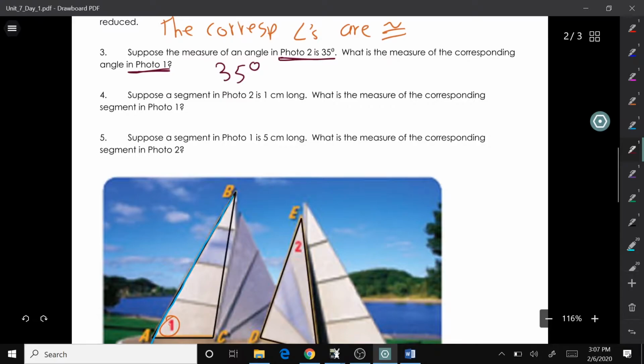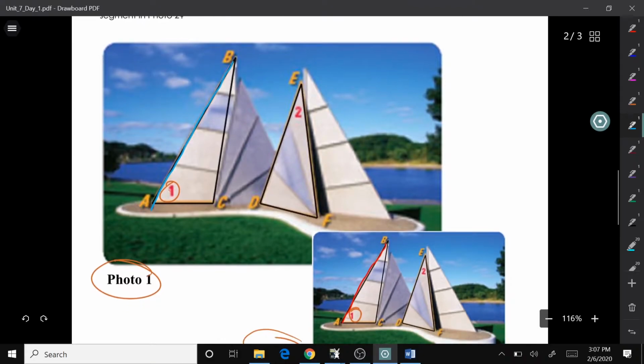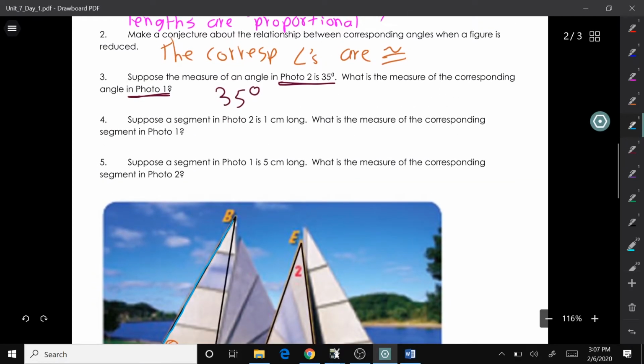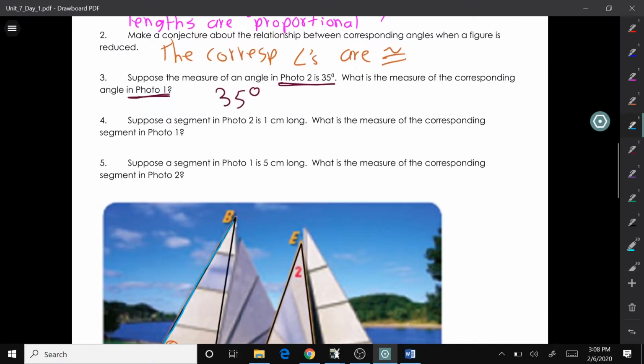Now, suppose a segment in photo 2 is 1 centimeter long. What is the measurement of the corresponding segment in photo 1? Well, remember, photo 1 is the bigger photo. Photo 2 was the reduction. So if it was 1 centimeter long in photo 2, that means in photo 1 it should be bigger than 1 centimeter.